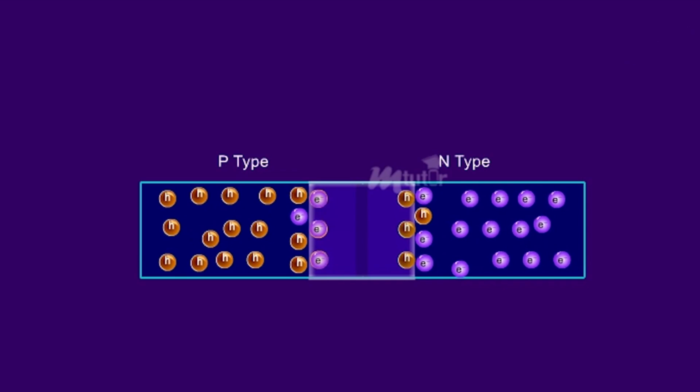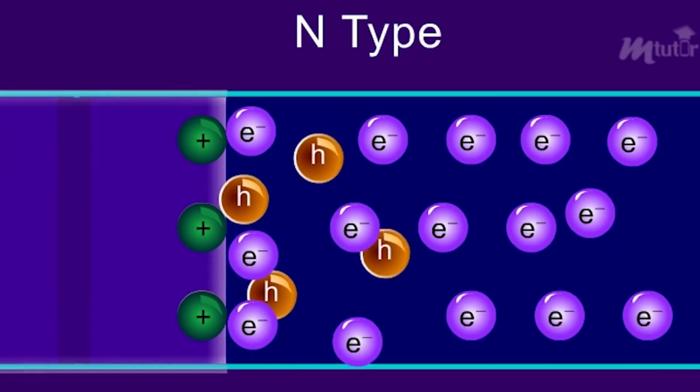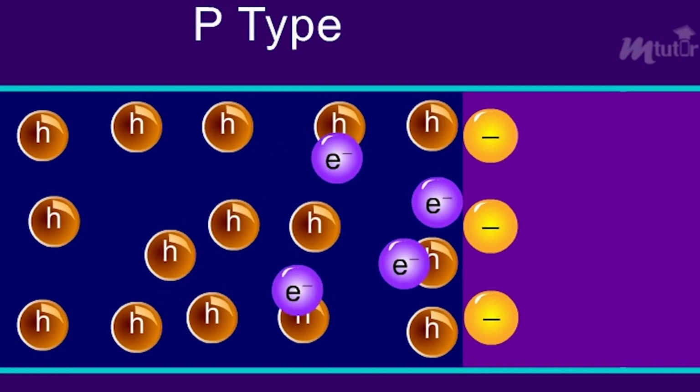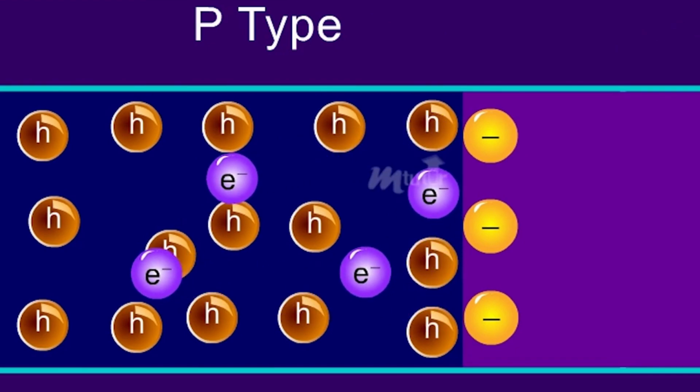Diffusion takes place because they move randomly due to thermal energy and the difference in their concentration. After a few recombinations of holes and electrons at the junction, a preventive force is set up automatically. This force is called the barrier that stops further diffusion.